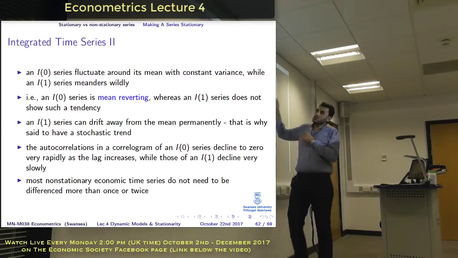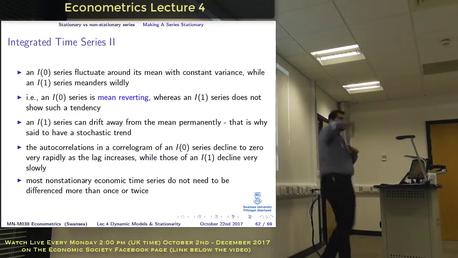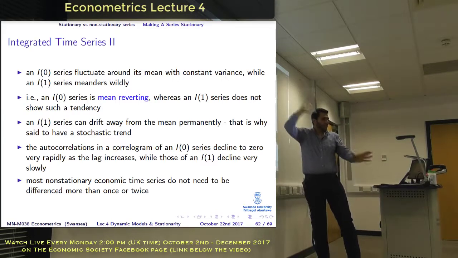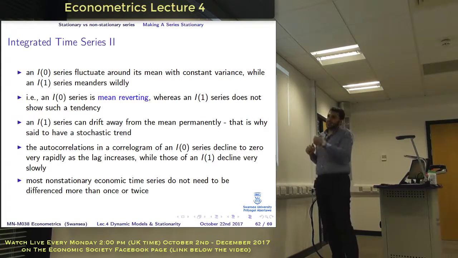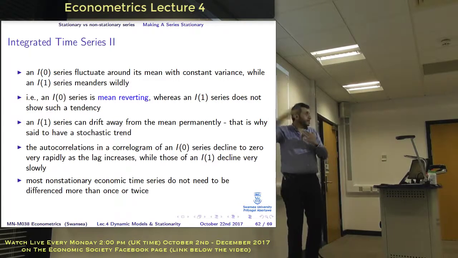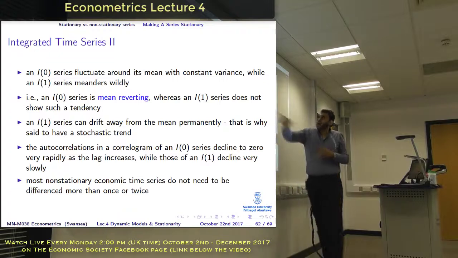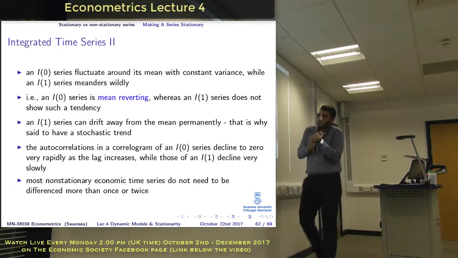If you compare this to an I1 series, which meanders widely, like the first series, you see it has an upward trend, so it doesn't go up and down around a constant mean. An I0 series is mean reverting, meaning it goes back again to the mean, whereas an I1 series doesn't show such a tendency.